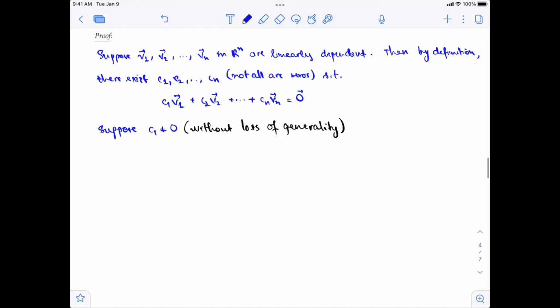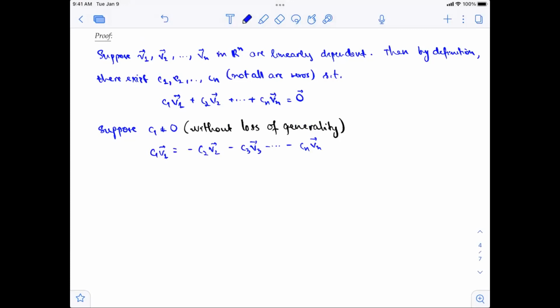So therefore, you can write C1 V1 equal to negative C2 V2 minus C3 V3, up to minus Cn Vn. So we just rearrange the terms so that on the left-hand side, we only have C1 V1. Everything else we move to the right-hand side.